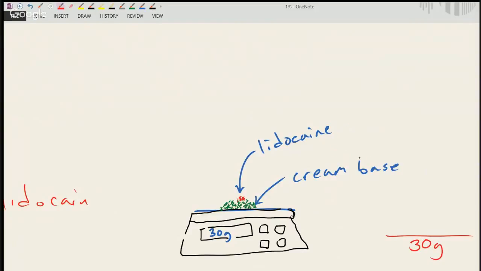Of that, some portion is going to be lidocaine, and some portion is going to be cream base. I drag this out because it's important to realize that the lidocaine is going to contribute some weight to the total, and the cream base is going to make up the rest.